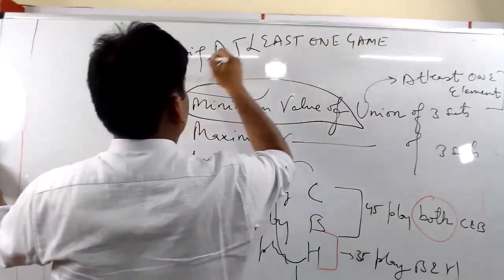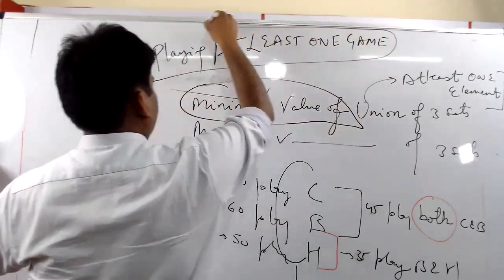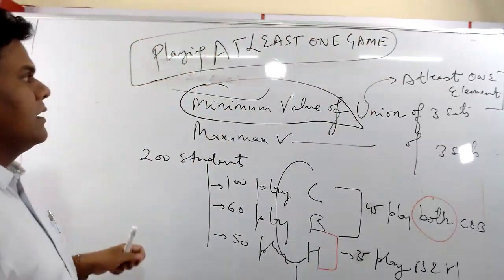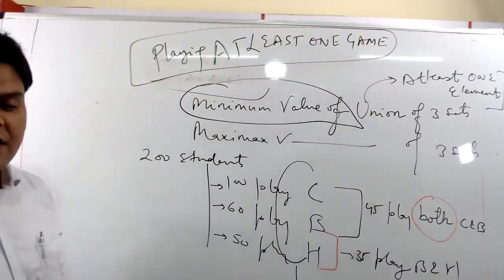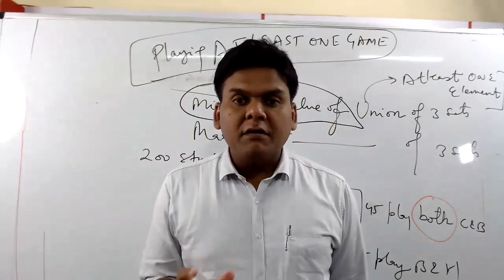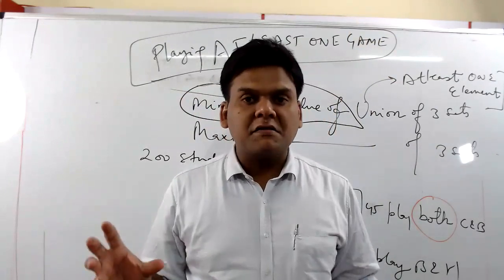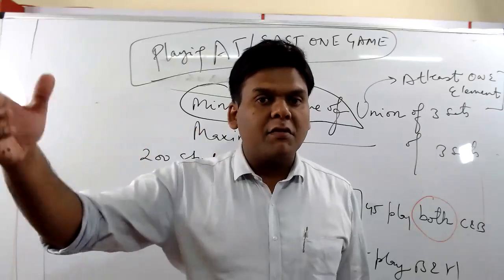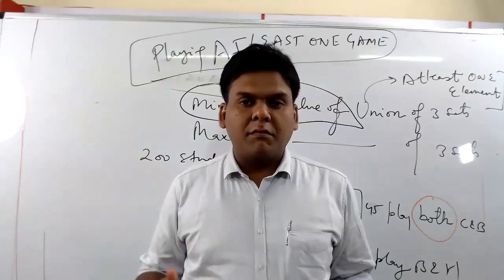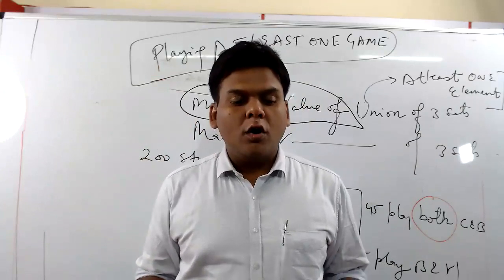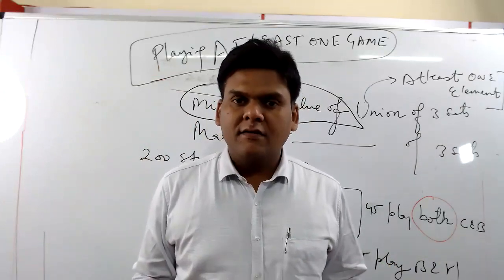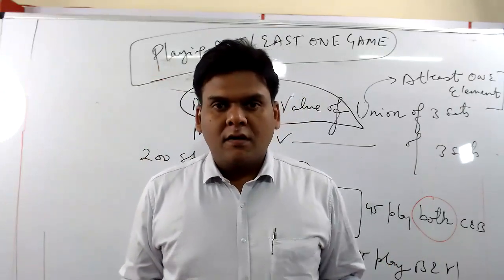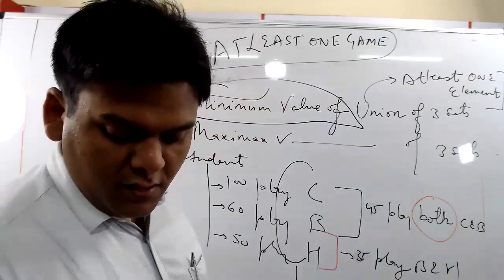My dear students, remember, very important question. Remember the strategy to handle it. Playing at least one game. Minimum number of students playing at least one game. At least one game, कम से कम एक गेम खेलते हों. यानी कि they can play 1, they can play 2, or they can play 3 as well. 1 or 2 or 3.